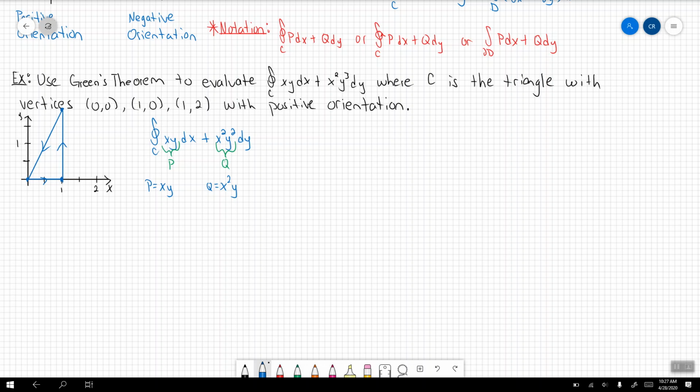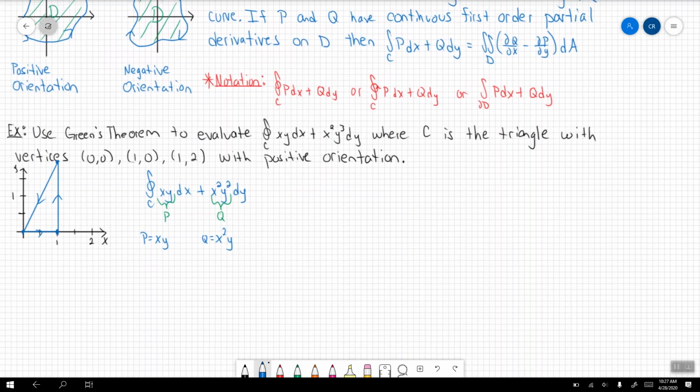partial derivatives in this particular case. So what I want to do now is find some of these partial derivatives, that way I can keep working with them. As you see in the definition up here, I found P and I found Q. So now, in order to set this up using the double integral, I'm going to integrate over that region, that area D, and I'm going to integrate my integrand, which is going to be my partial derivatives.